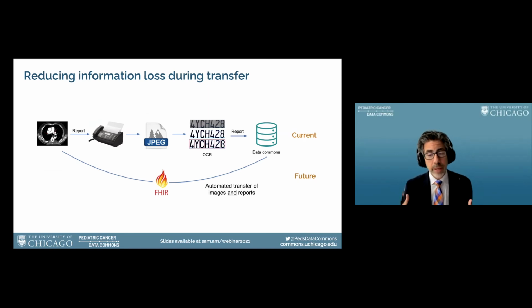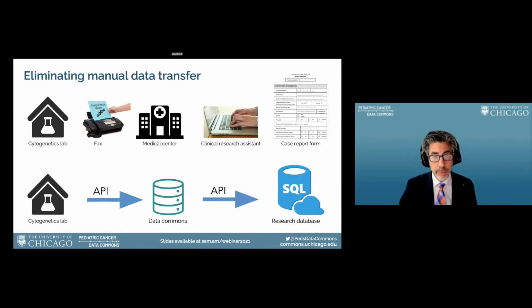We had to take the picture and we had to do optical character recognition and then natural language processing to get the meaning out of the report, instead of what we should have been doing, which is getting the actual reports from the electronic health record into our system. So think about the waste of information and the loss of time in doing these kinds of maneuvers when we really should just be going back to the original source and getting the original data.